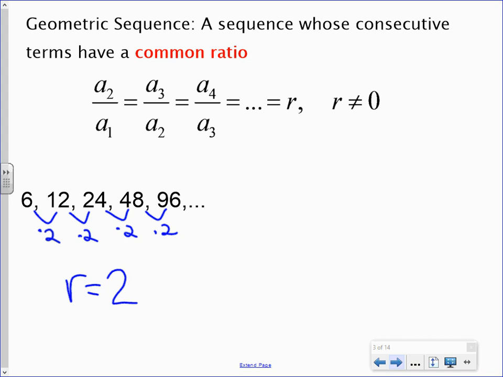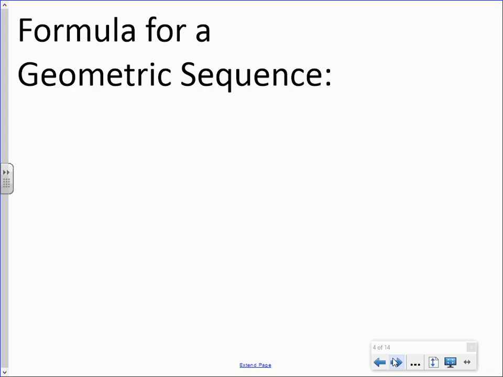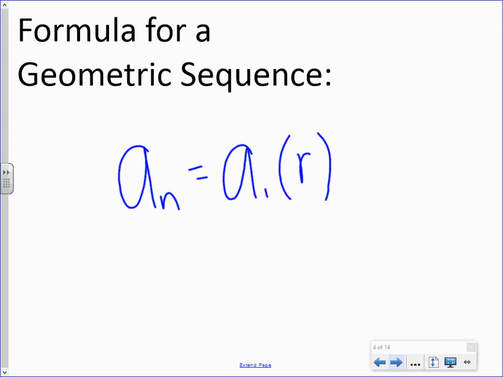We multiplied by 2 every time, right? So when we go to write the rule, we are going to say our common ratio is 2. Now, how do we write the rule? Our nth term, this is the explicit definition, is going to be the first term times the common ratio to the n minus 1.